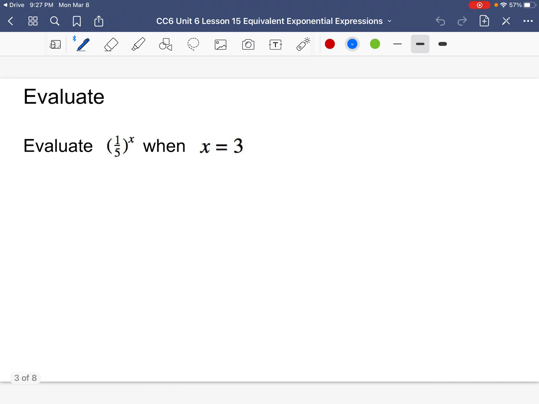So here let's evaluate (1/5) to the power of x when x equals 3. So we rewrite 1/5 in parentheses again, but instead of x we're told x equals 3, so we're going to replace x with 3, and that means that we use 1/5 3 times in a multiplication expression like this.